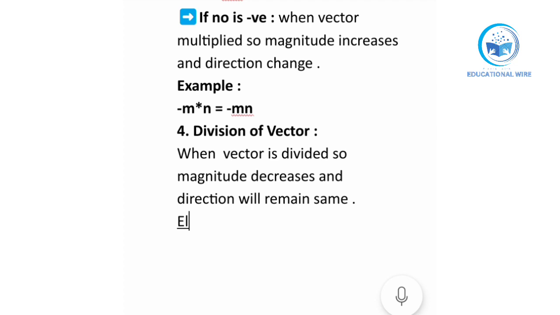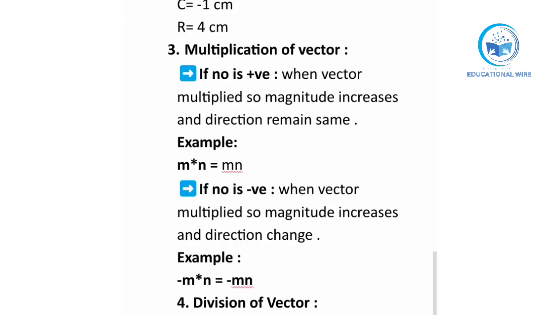Let's take one example that we are having m upon n is equal to m ratio n, you can say. Okay, now first of all, we will do it as a graphical method, to see how it will be done.